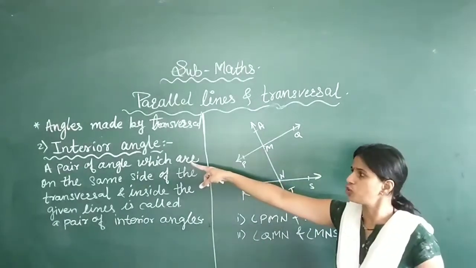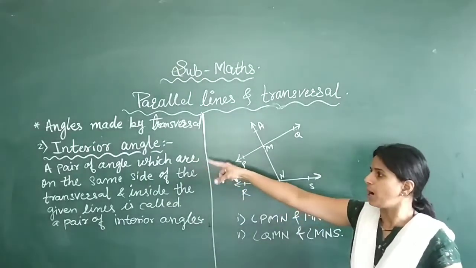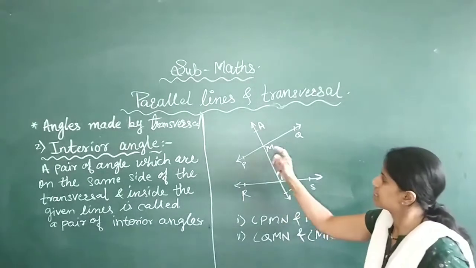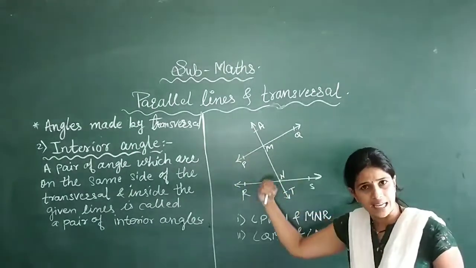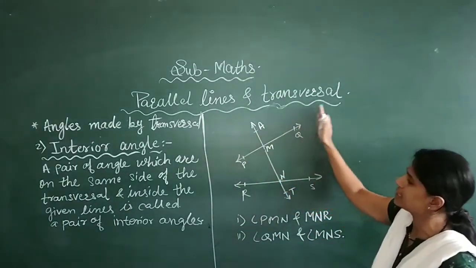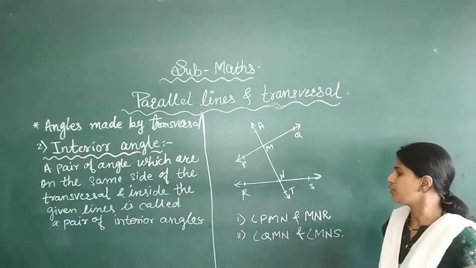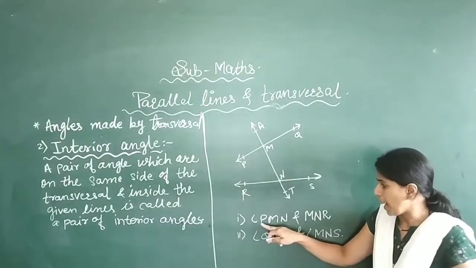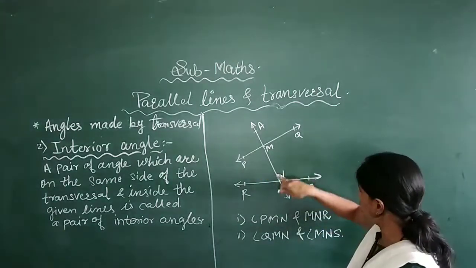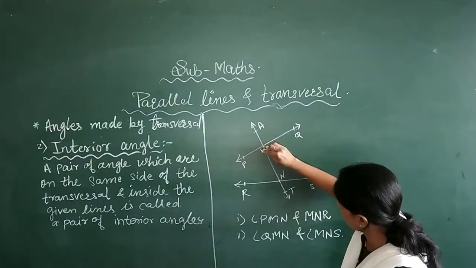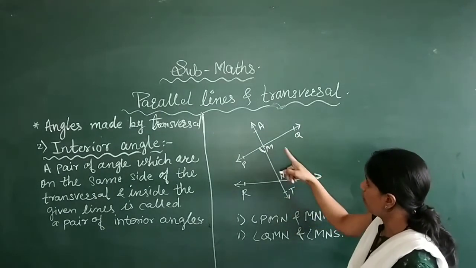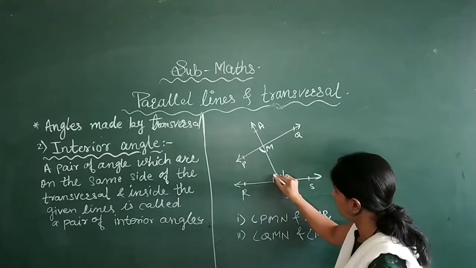Now we are going to talk about interior angles. Interior angle means on the same side and inside. Same side means either this side or that side. Getting it? Now the first one is angle PMN, this angle, and the other one is MNR, this angle.